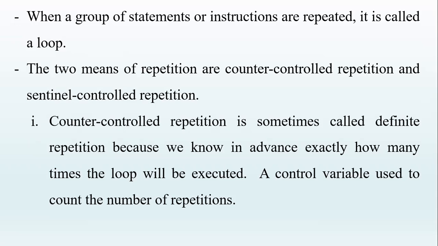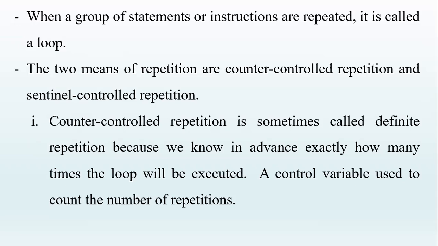And therefore, the computation will repeat. From the first computation, you move on to the second student, the third student, up to the 50th. And the program will terminate when the 50th student's marks are computed.